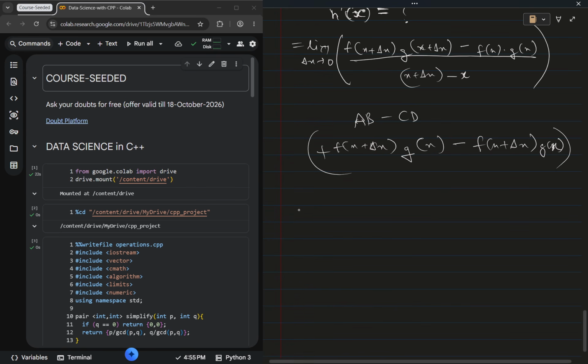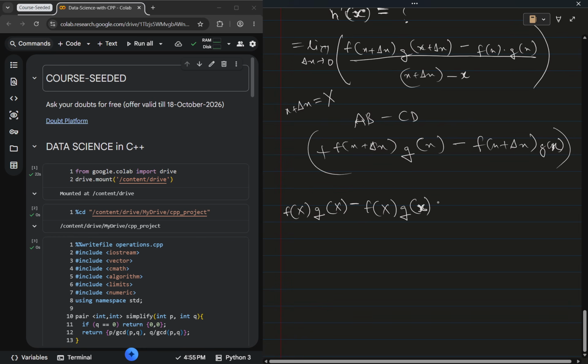So let's say x plus delta x equals to your capital X. So I'll be writing f(X) g(X) plus f(X), sorry, let's take the minus one over here. g(x). This is basically your small x, and this is your x plus delta x.